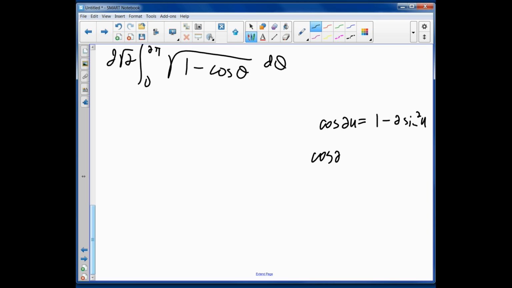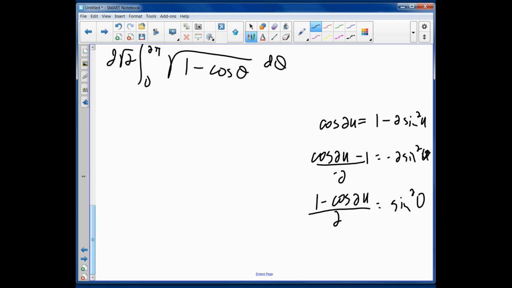Now, what if I do a variable swap and make this u over 2 and that just u? Can you explain that again? If I make u equals x over 2, that gives me 1 minus cosine x, because it's x over 2 times 2, over 2, equals sine squared x over 2.